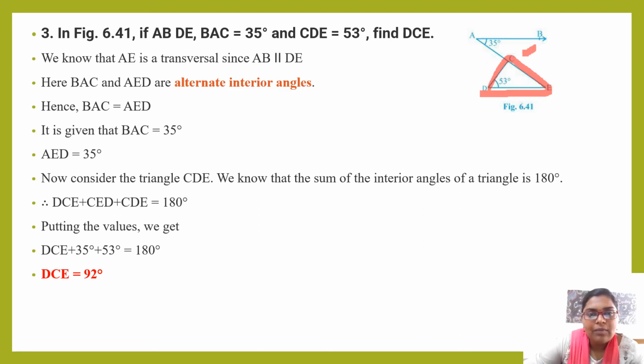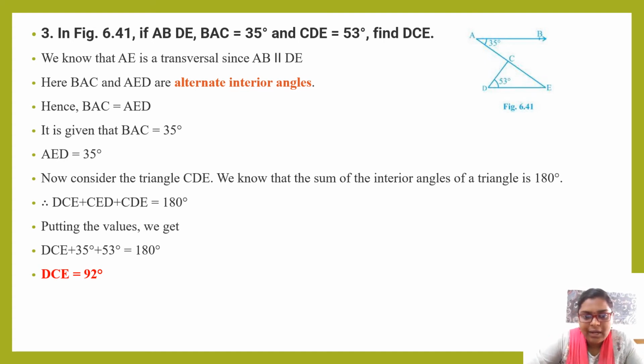Okay. Now what are we going to take? We know that AE is a transversal. Listen carefully. AB and DE both are parallel lines, right? If a line passes through parallel lines and intersects them at distinct points, we can say that it is a transversal.